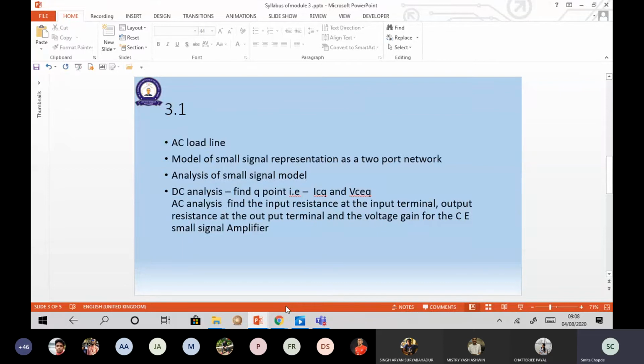But at present, common emitter configuration is the main role of your syllabus, because it has a large advantage. It has a stable current gain and voltage gain, and input and output impedance are moderate, they are not high. So you can very conveniently match your load to the amplifier as well as the input to the amplifier, so that there will be no sourcing or sinking of current, and there will be no imbalance in the biasing of the amplifier.